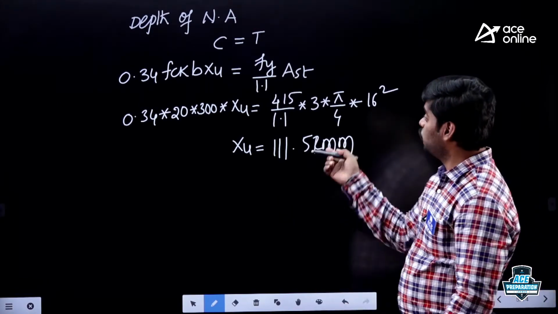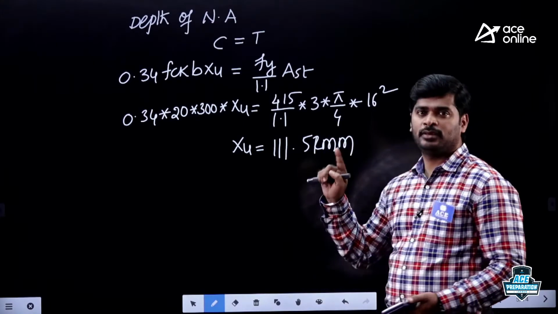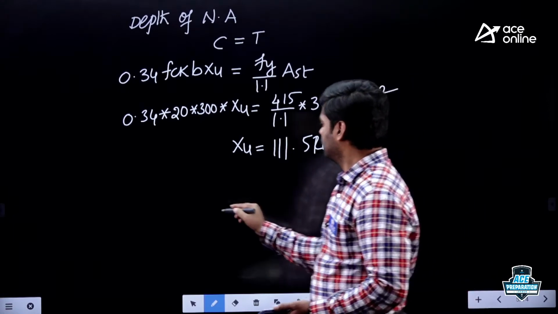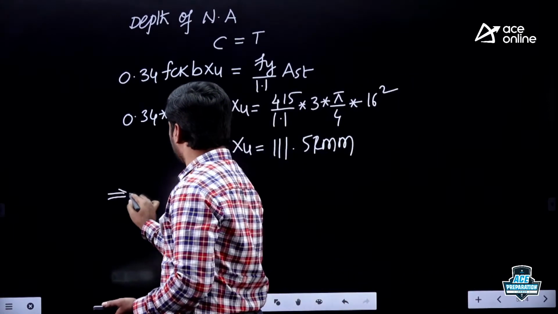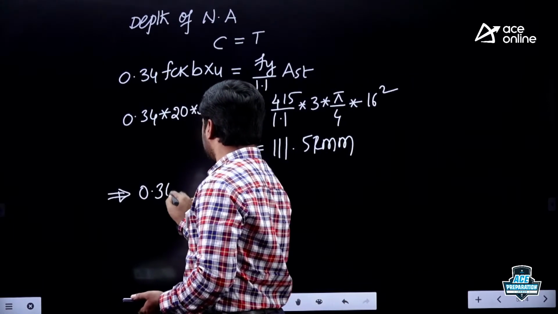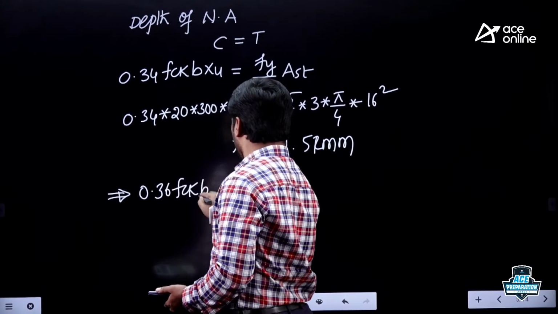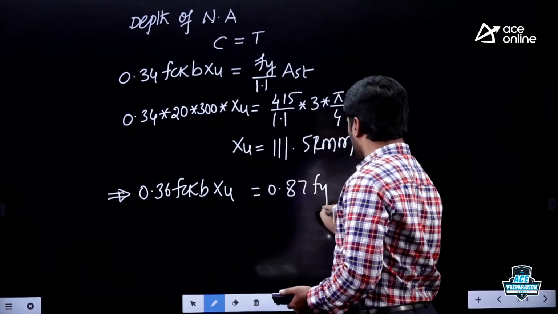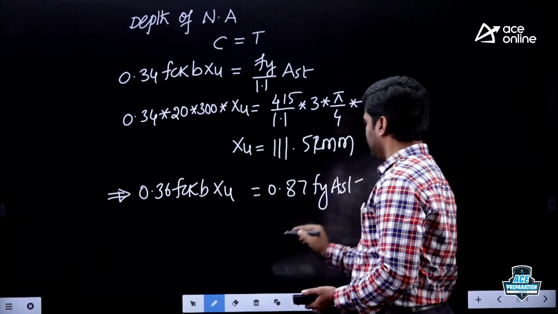Okay? Suppose if you try the normal case, 0.36, now check what will be the difference. Suppose if you are going to take 0.36 FCK into B XU equal to 0.87 into Fy into AST.